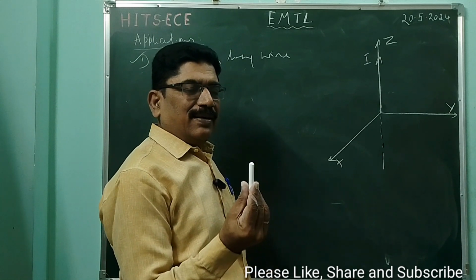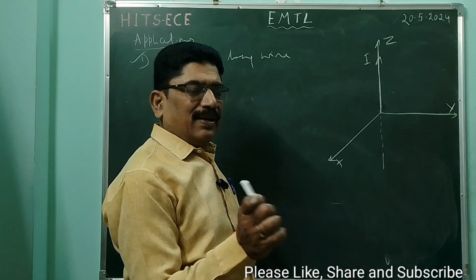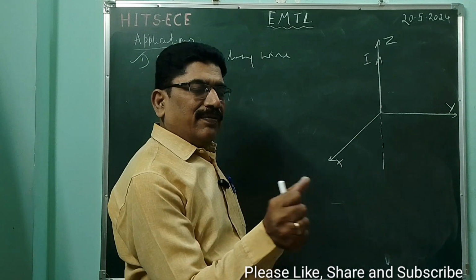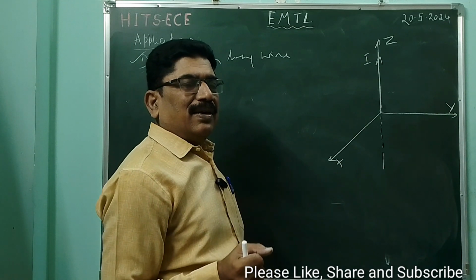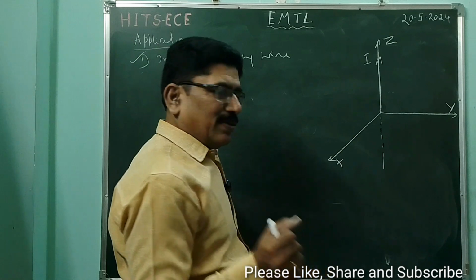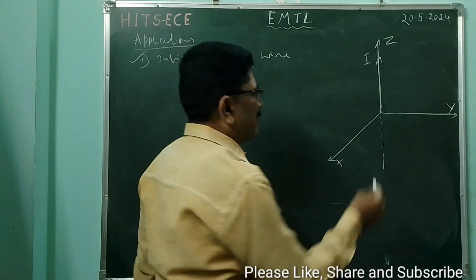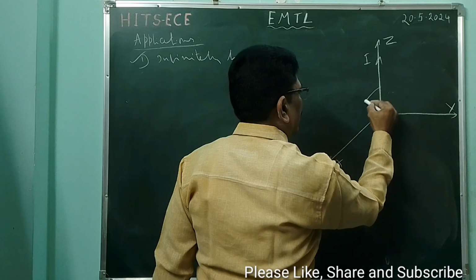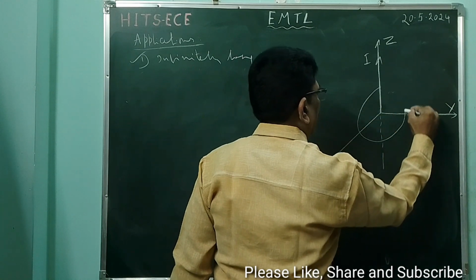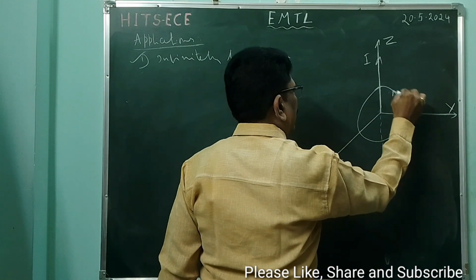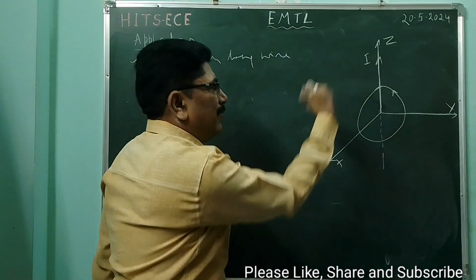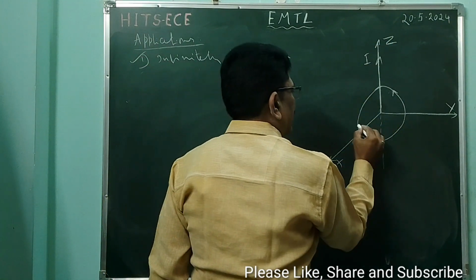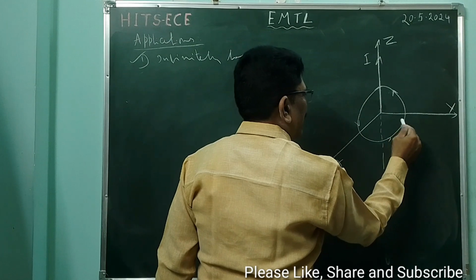This is the conductor, that is the infinitely long wire, and the curled fingers show the direction of the Amperian path, that is the direction of the magnetic field lines. So these can be moved like this. Current is flowing upward, the magnetic field lines will be moving like this.